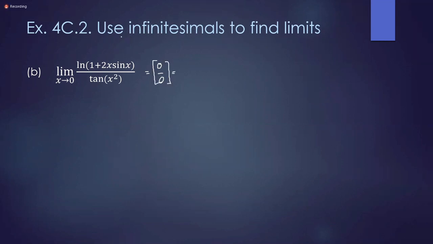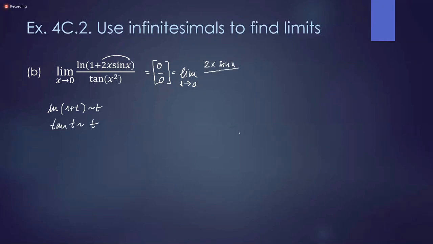So now I'm writing down ln of 1 plus t is equivalent to t, and now I can write the limit when x tends to 0 of, instead of ln of 1 plus t, I write t. So I write 2x sine x divided by, and now I know that tangent of t is equivalent to t, so I write x squared, which is t in this case.